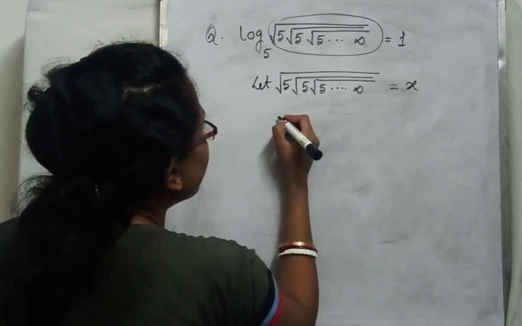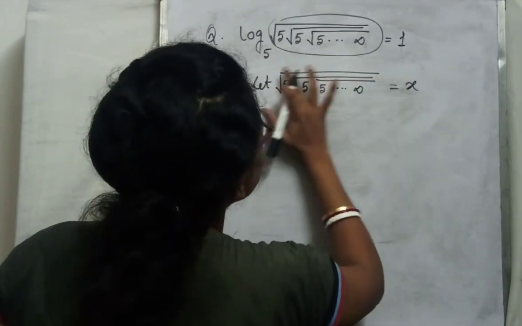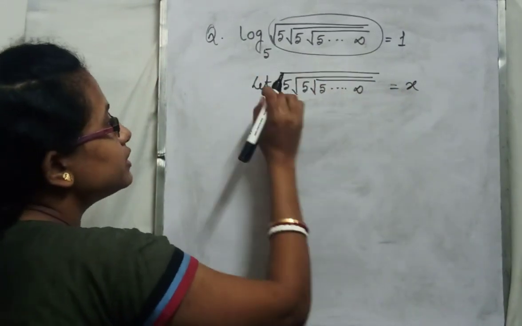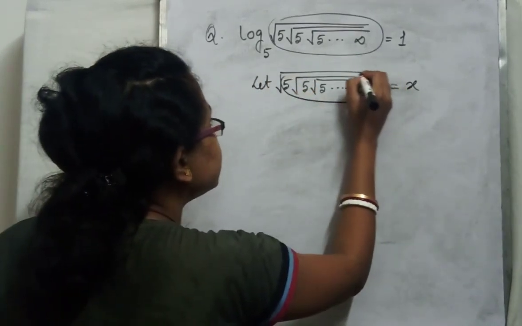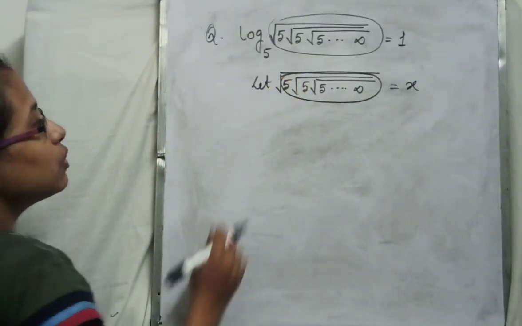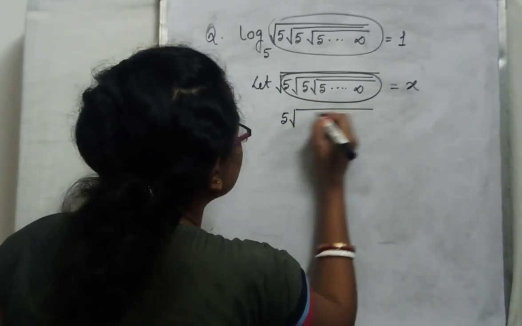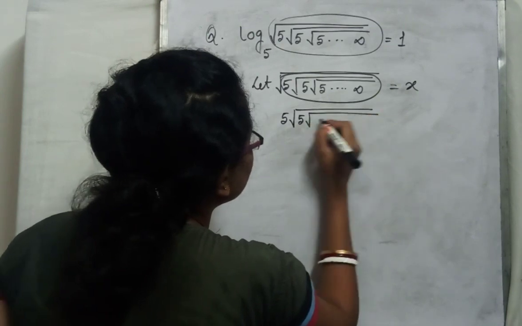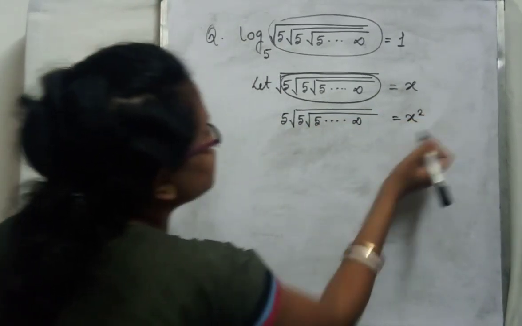Okay, so wherever this root is over all this thing, this root is going here and giving us x square.